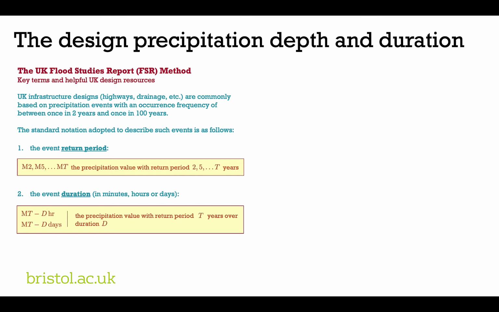And then there's the event duration, and that can be in minutes, hours or days. And so we end up with a description of an event which is MT for D hours, or MT for D days or D minutes. And this refers to the precipitation value with a return period T years falling over duration D.